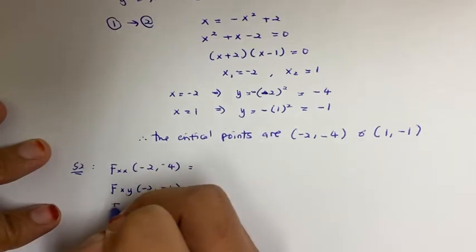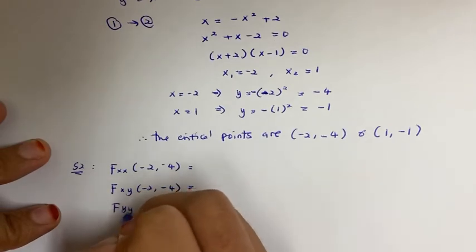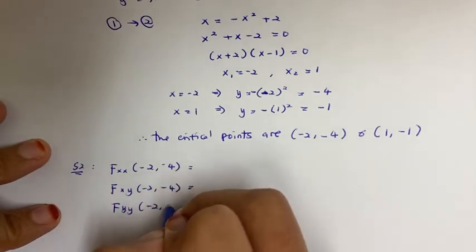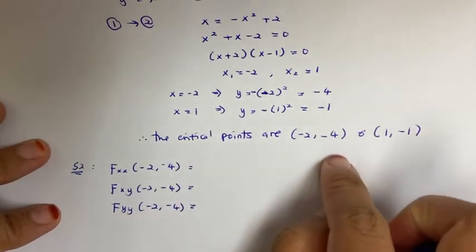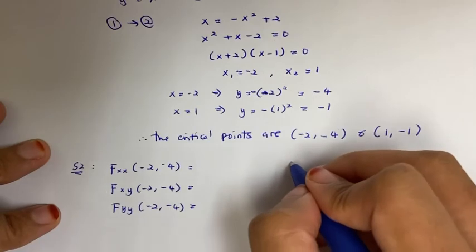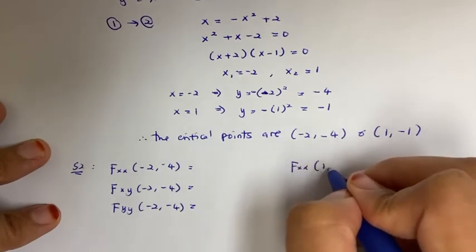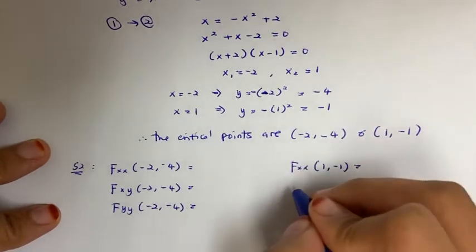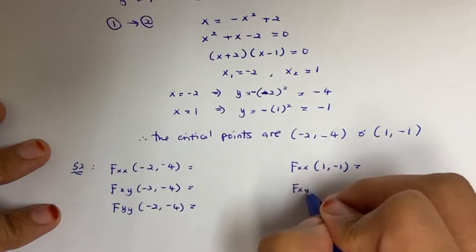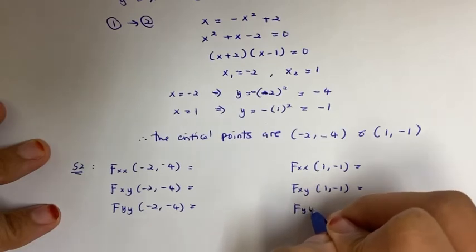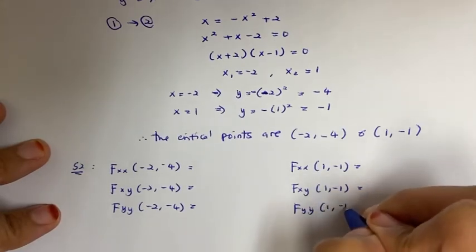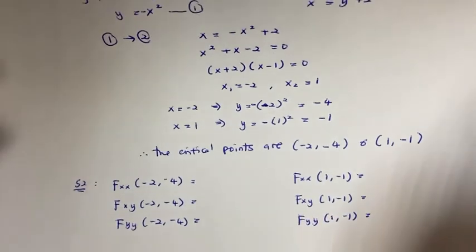Then you need to find fyy for negative 2, negative 4. And since you have two critical points, you need to find fxx for 1, negative 1 as well, fxy for 1, negative 1, and fyy for 1, negative 1.